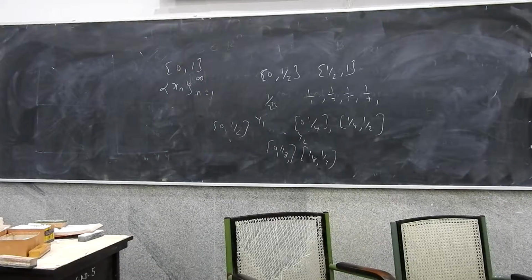So what are the terms of 1 upon x? 1, 1 upon 2, 1 upon 3, 1 upon 4, 1 upon 5, 1 upon 6, etc. What would be the terms of 1 upon 2x? Half, 1 by 4, 1 by 8. All these will lie between 0 and half. The sequence lies between 1 and 0. I can always think of a subsequence 1 upon 2x which lies between 0 and half.